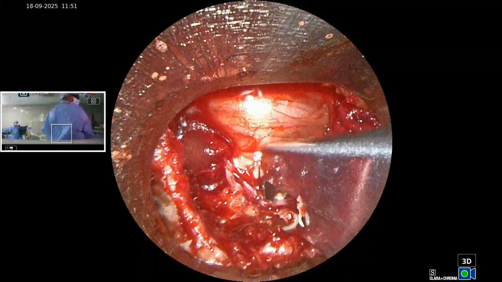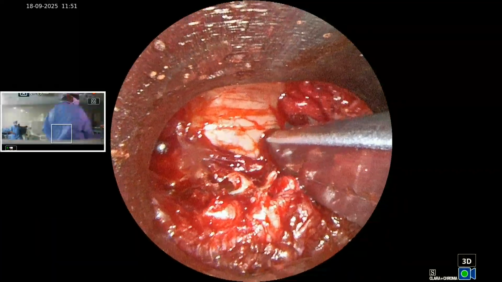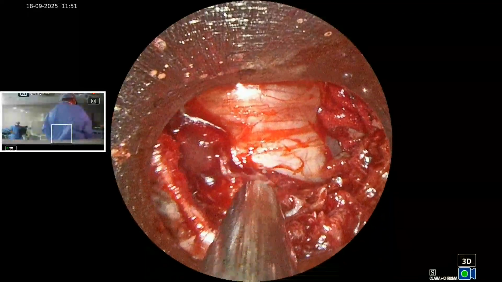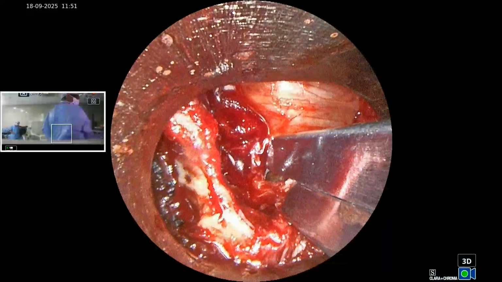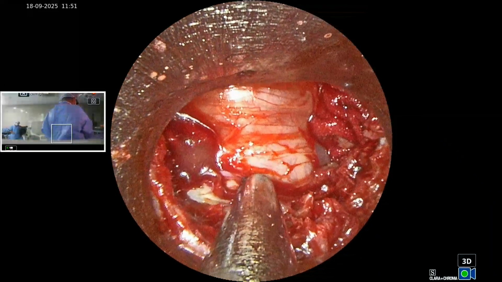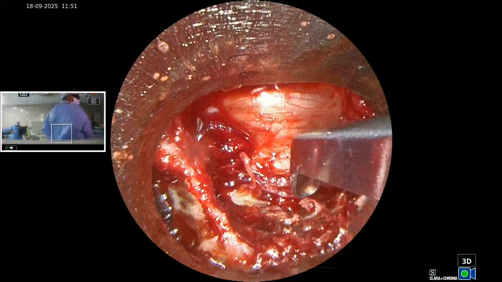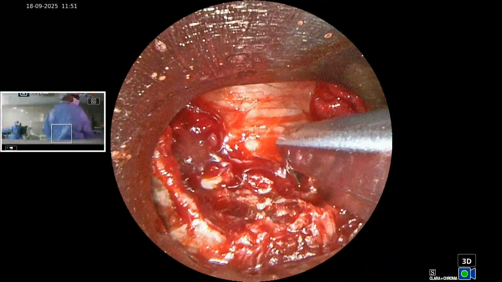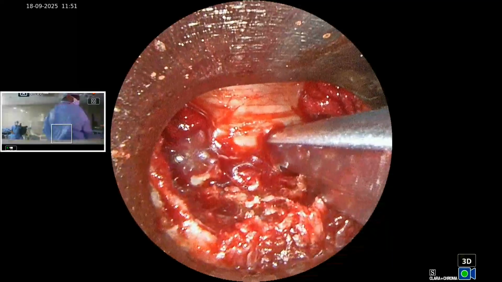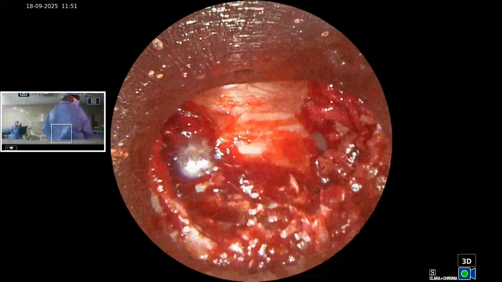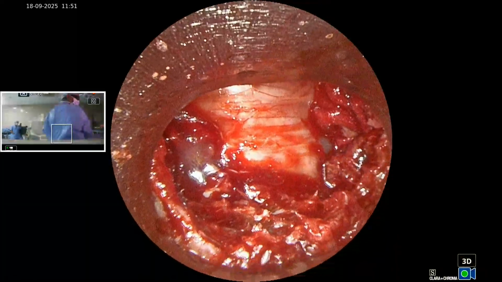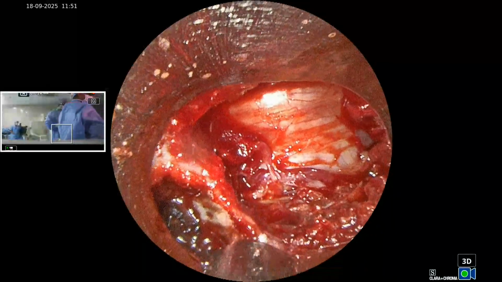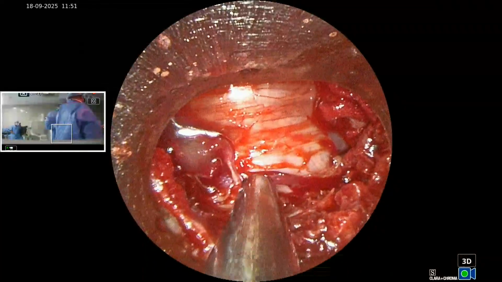Now the shoulder of the nerve root is very clear. Up to the foramen we are tracing the nerve. Spatula.